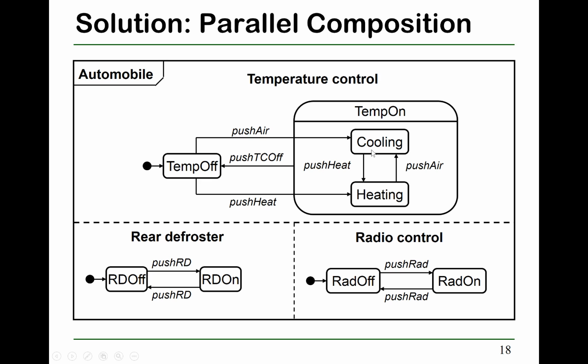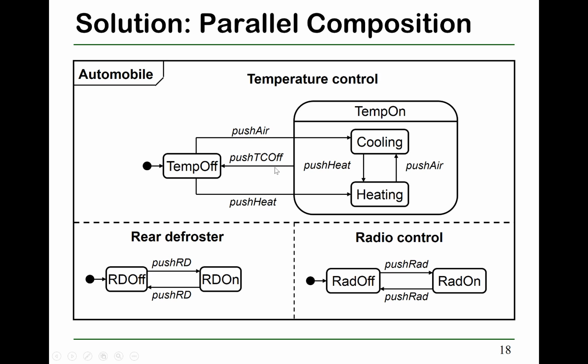All right, so in cooling, if you push heat, it will be heating, and push air, it becomes cooling. And when the temperature control is off, and you push air, you turn to cooling, and you turn heat on, it goes into heating. And if you push the temperature control off, then it enters the state where temperature control is off.